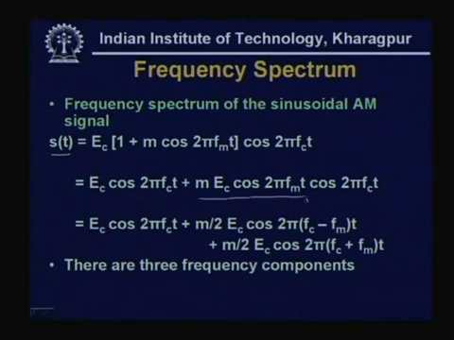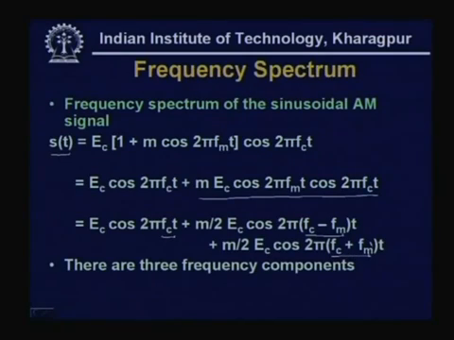This particular term can be represented by this form: m by 2 Ec cos 2π (fc minus fm) t plus m by 2 Ec cos 2π (fc plus fm) t. So, we now notice that there are 3 frequency components. One frequency component is fc, another is fc minus fm, and the third is fc plus fm.